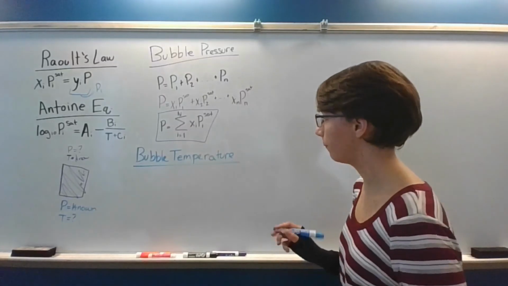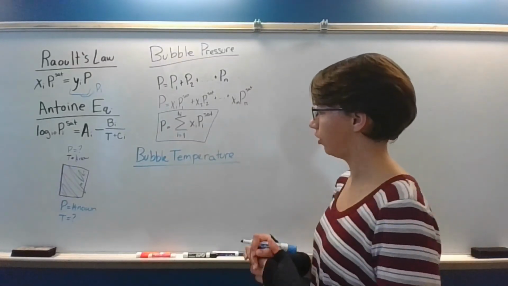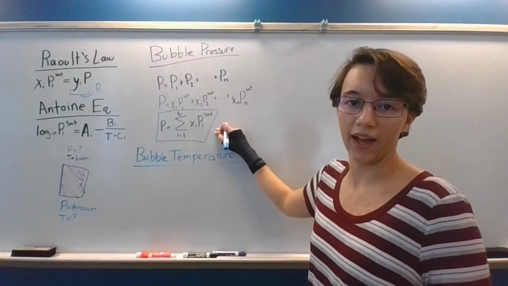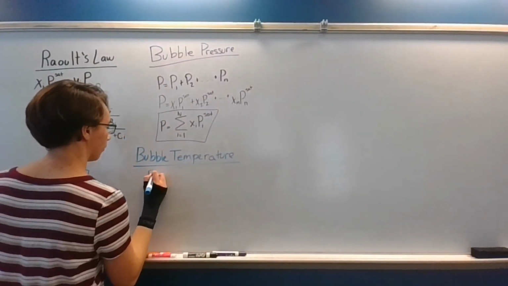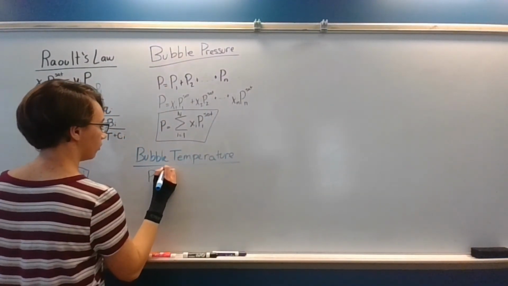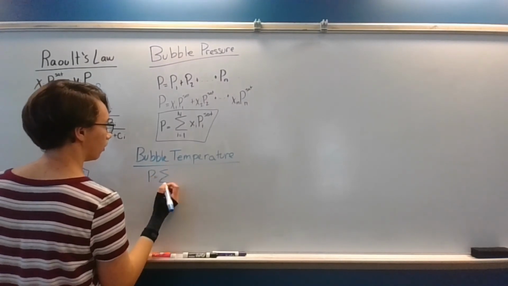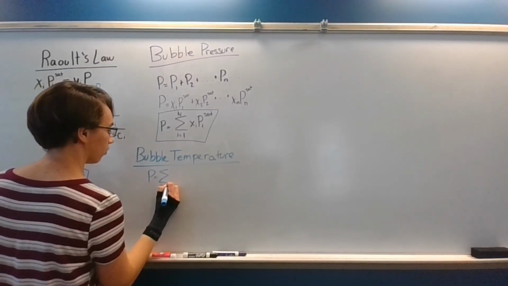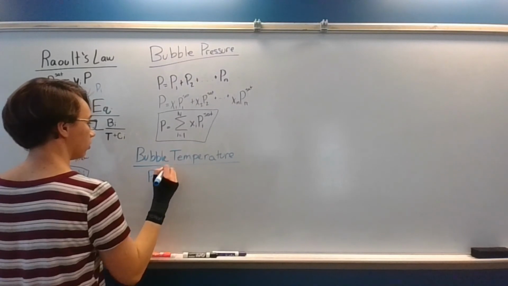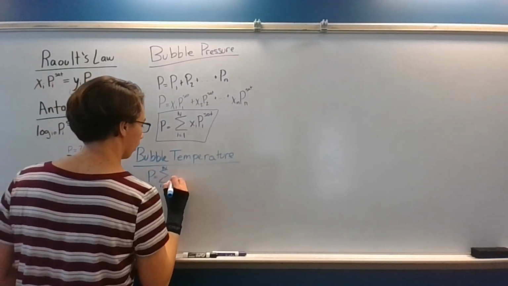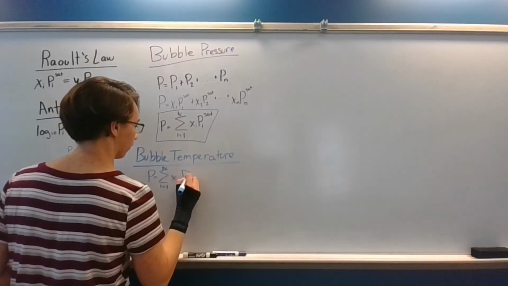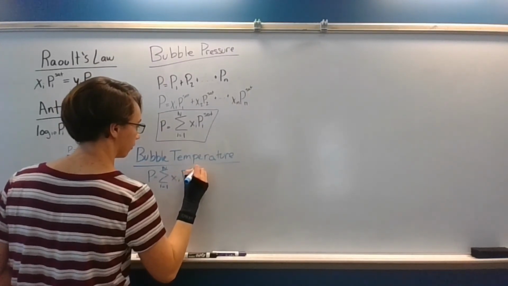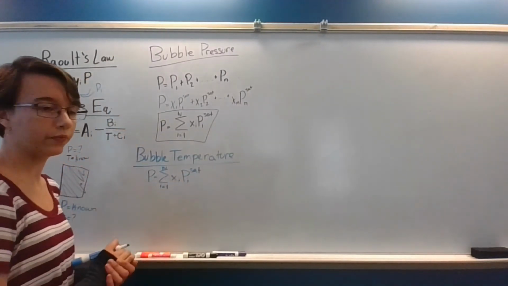Alright, so we can use the same idea that we had up here, where the pressure is going to be equal to the summation from 1 to n of the mole fractions in the liquid phase times the pure component vapor pressure.